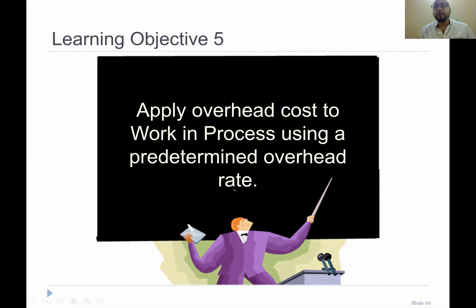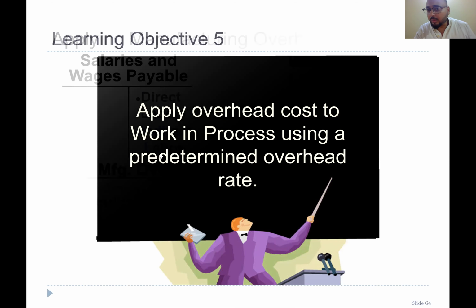So when we apply the predetermined overhead rate, remember the predetermined overhead rate is written on the credit side of the manufacturing overhead. So it means predetermined overhead rate is always on the credit side. This means manufacturing overhead is credited.